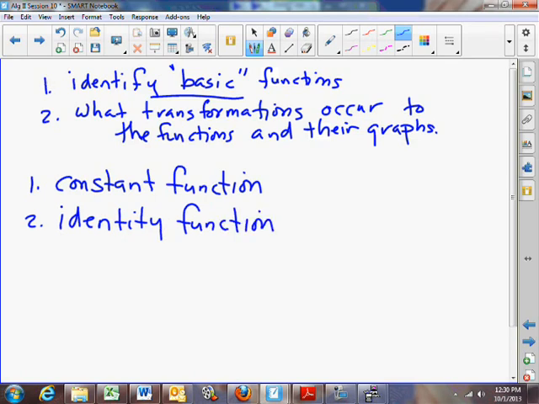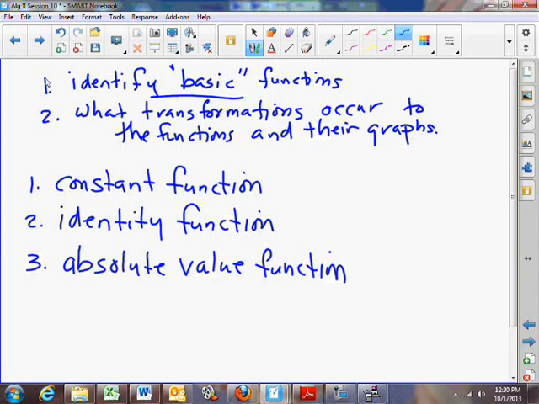We're also going to include in this basic list of functions the absolute value function. And finally, our fourth basic function is going to be the quadratic function.